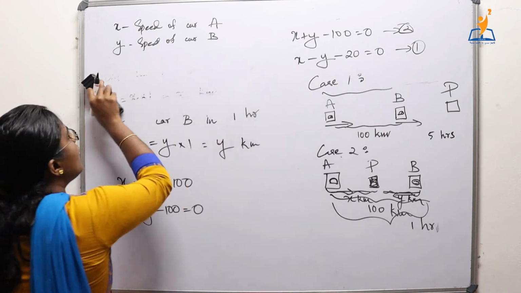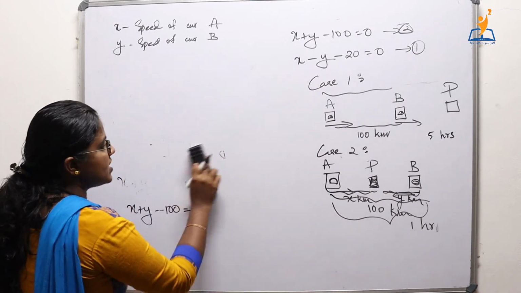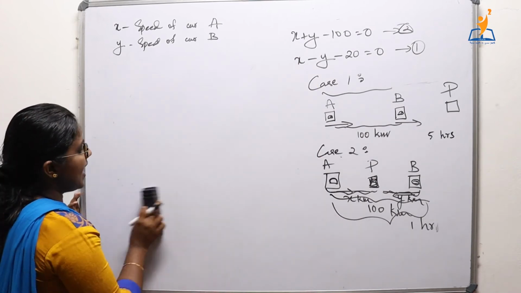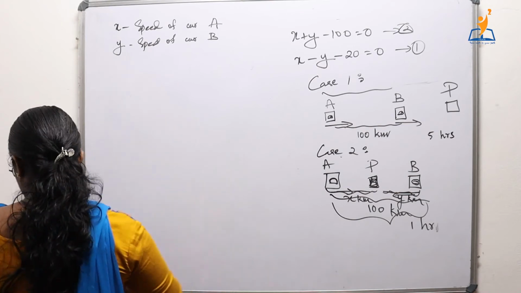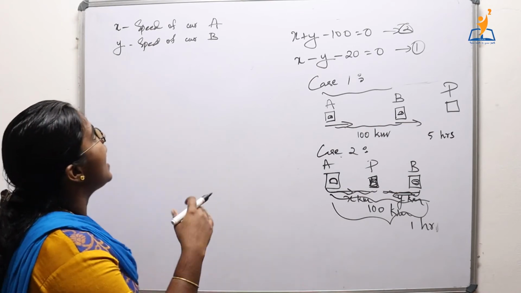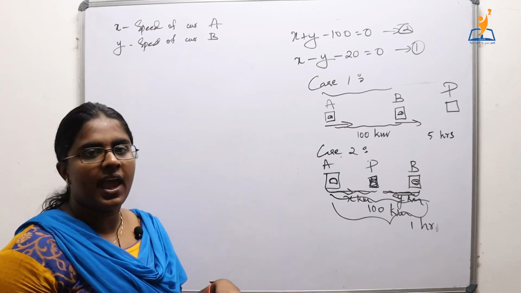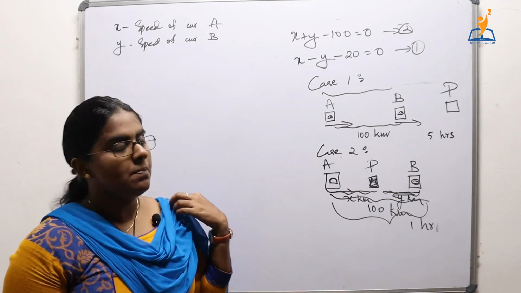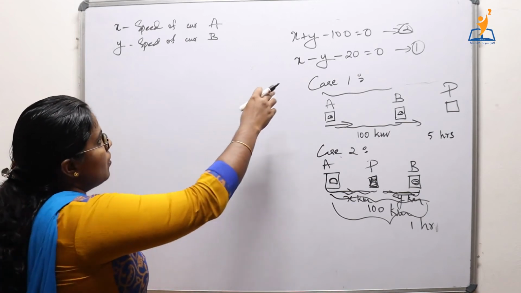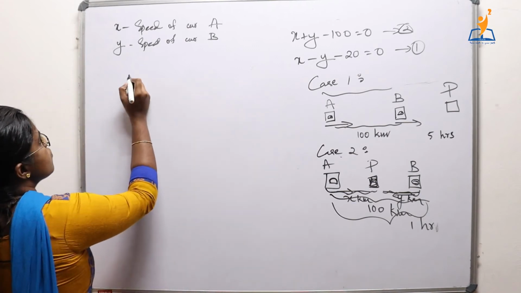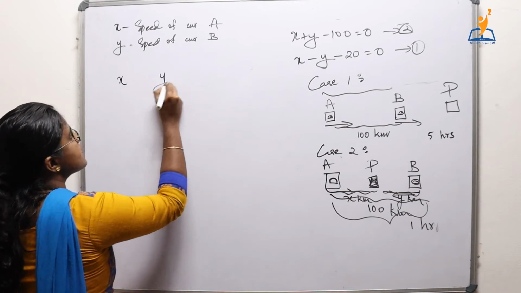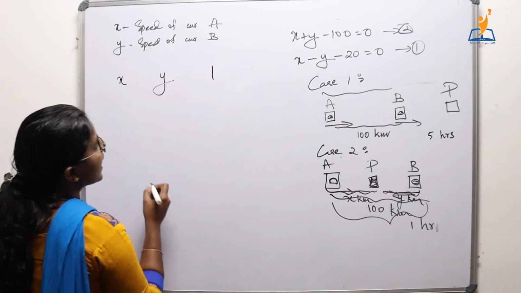So we got a pair of linear equations in 2 variables, and by solving them we will get the values for x and y, and hence the speed of the car traveling from A and the speed of the car traveling from B. Now let's solve this using the cross multiplication method, that is x, y, 1. We will draw the diagram.